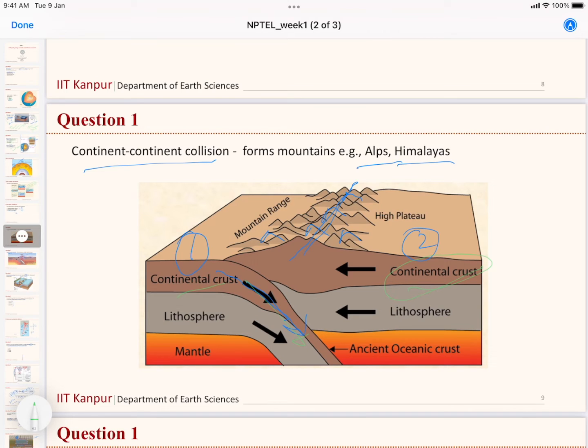So in this scenario we can say that the density of plate 1 would be higher than the density of plate 2. And due to this collision we see mountain ranges on the surface. Examples of this are the Alps mountain range or the Himalayan mountain range that we see.